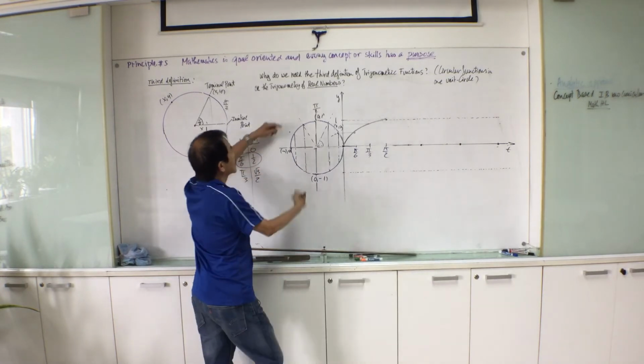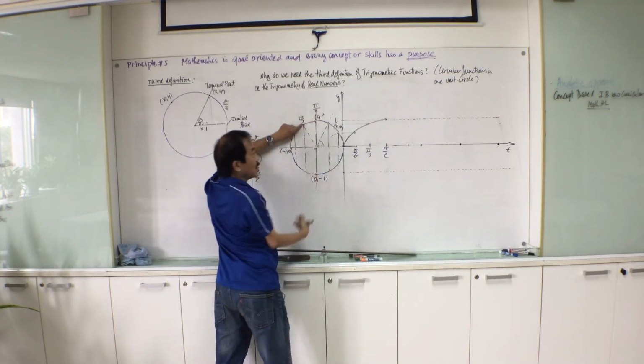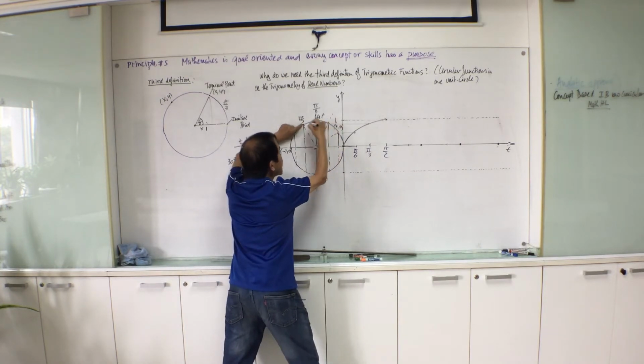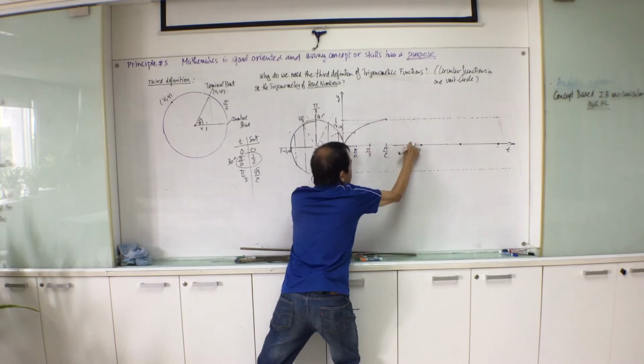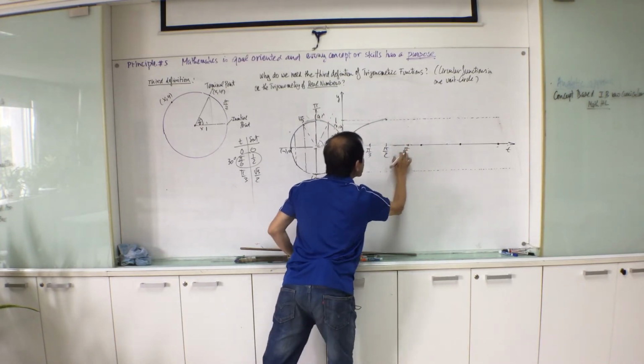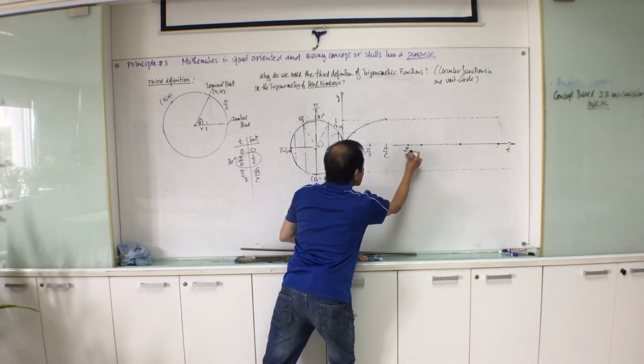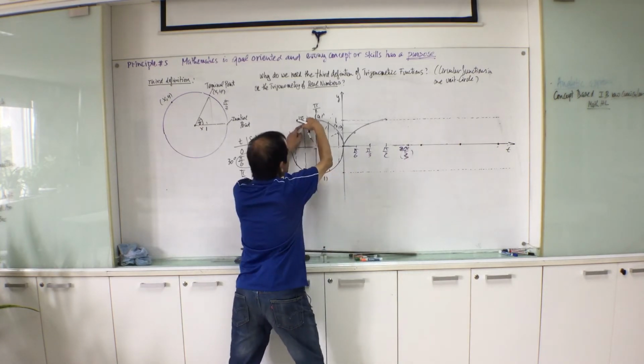Next one, now I consider 2 pi over 3, which is 120 degrees, right? So t equals 2 pi over 3 means the distance all the way from here to here. I stretch out and mark right here, so I have pi over 2 right here. So now the value of 2 pi over 3 is the length from here to here.